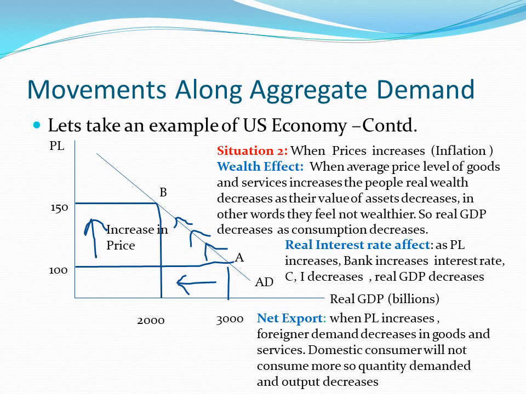So in this situation, the real GDP declines because people will consume less and their consumption power will decline. So the overall real GDP will decrease from 3000 to 2000. The second effect is the real interest rate effect.